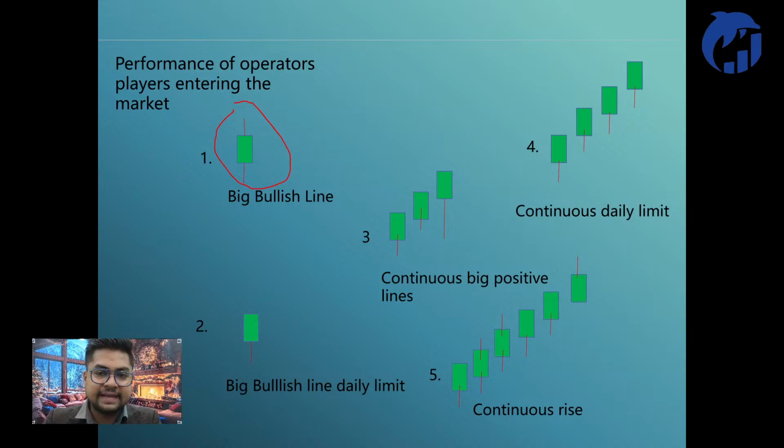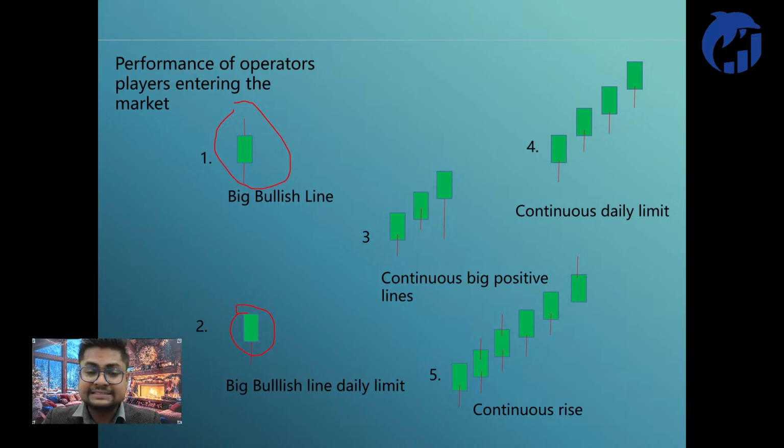This big bullish line can be created by retailers too, because market sentiment can build up and they can create a big bullish line at once. This part too can be created by retailers as well, so it is not a continuous big bullish line.